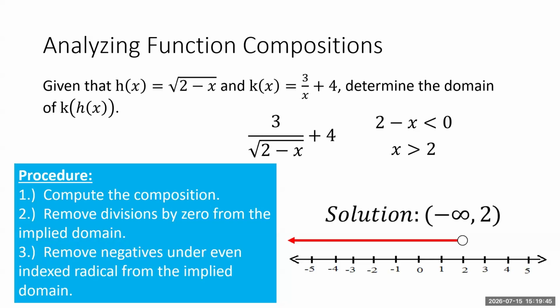Thus, our solution is parenthesis, negative infinity, comma, 2, parenthesis. We use the parentheses to signify that we cannot include the endpoints of this domain. We can't include the endpoint negative infinity because we cannot truly arrive at it. Similarly, we cannot include 2 because we have removed that point from the domain.